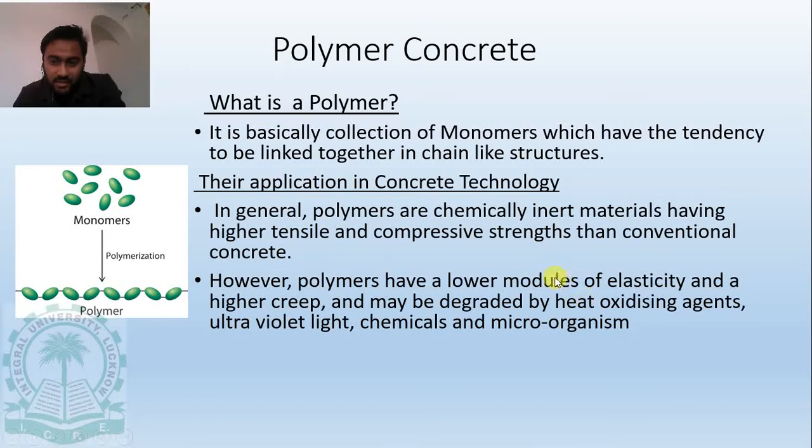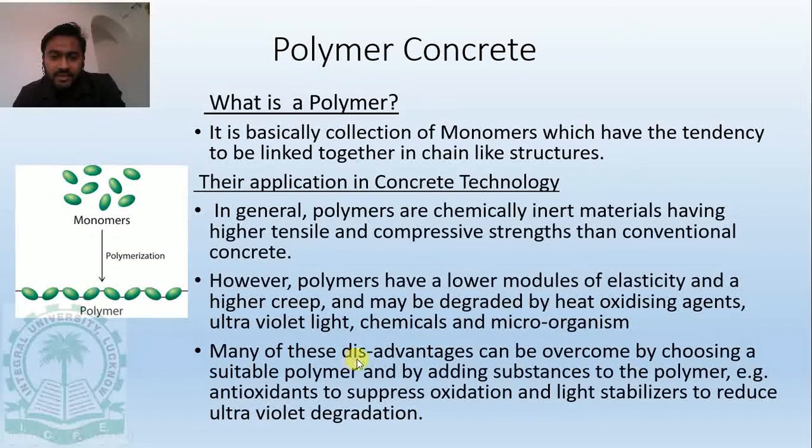These properties can be degraded by oxidizing agents, heat, ultraviolet light, chemicals and microorganisms. These disadvantages can be overcome by choosing a proper polymer, for example adding substances like antioxidants. So these elements can be used, but with care in concrete.